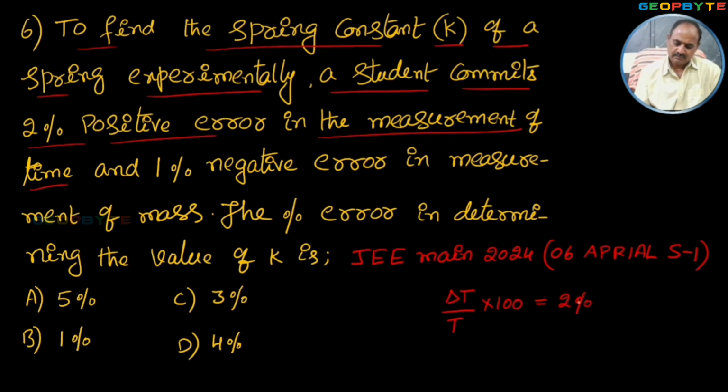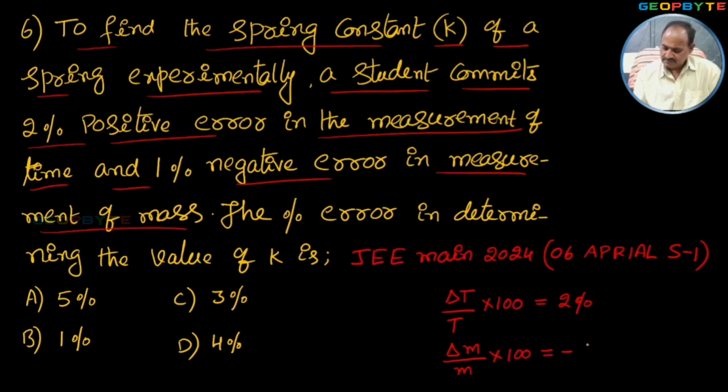It is positive. And 1% negative error in the measurement of mass. That means delta M by M into 100 is equal to minus 1% because it is given negative error in mass. What is the percentage error in the value of K? That is the question.